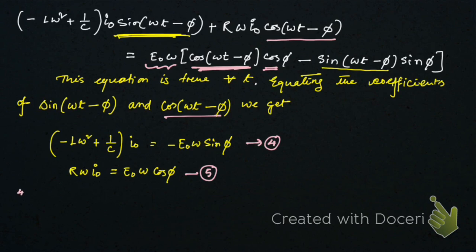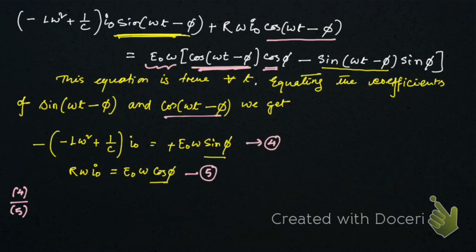Now let us divide equation number 4 by equation number 5, and doing so, you see that sine phi by cos phi will be tan phi, and these two will be cancelled, right? Then the minus can be written on the other side. So this minus is gonna be plus and this is gonna be minus, right?